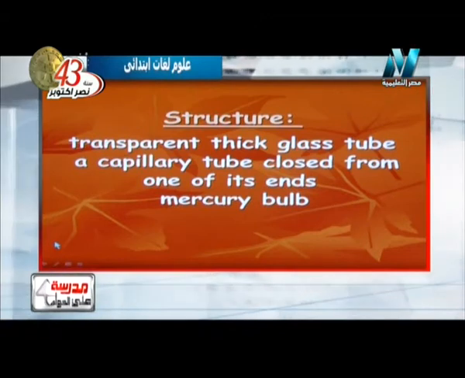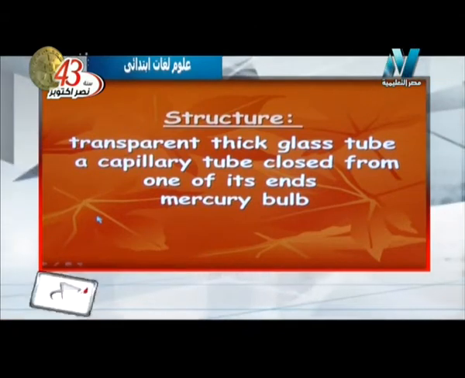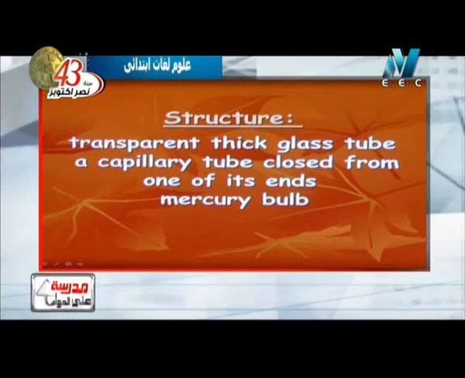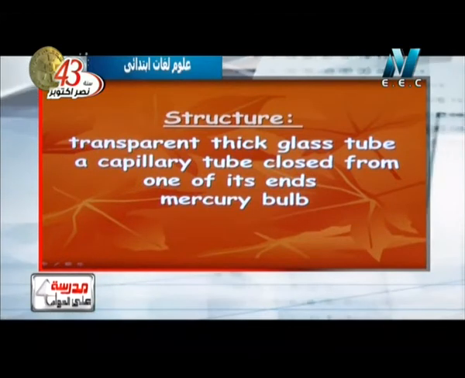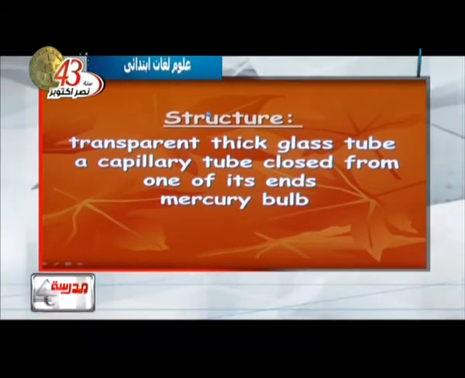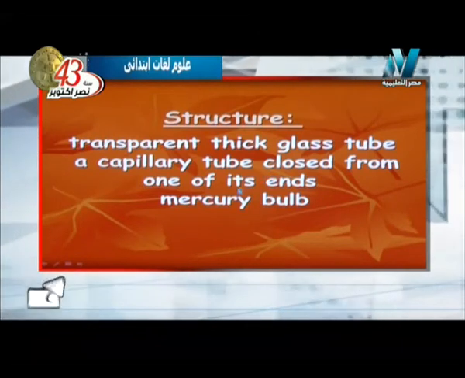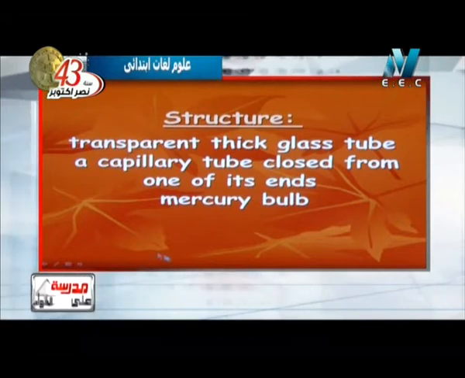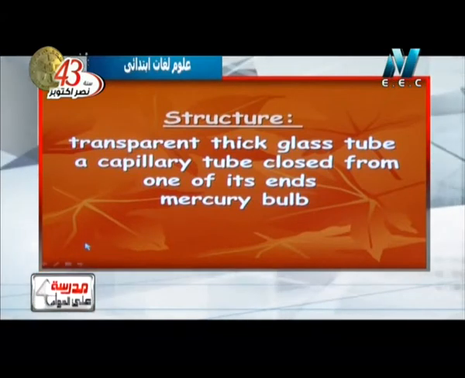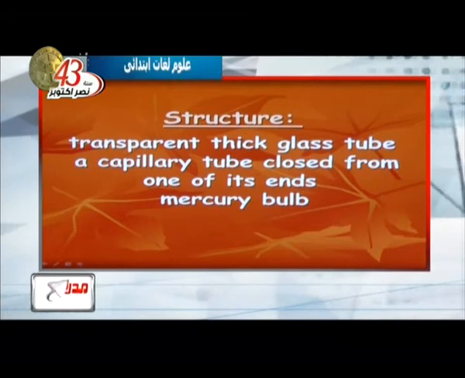So the main difference between the medical thermometer and the Celsius thermometer is the constriction. Here I don't need a constriction in the Celsius thermometer. Why? Because I don't need to measure the temperature of a patient. I need to measure the temperature of liquids such as milk, juice, water, and so on.